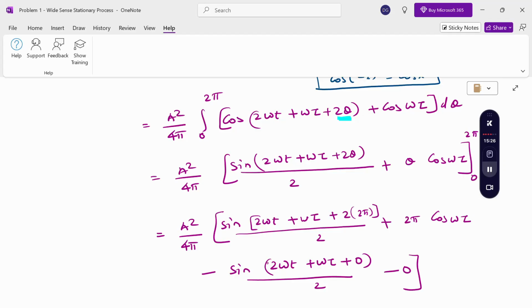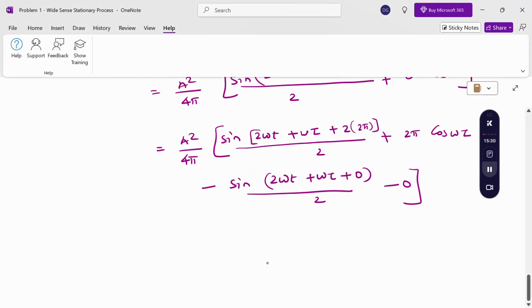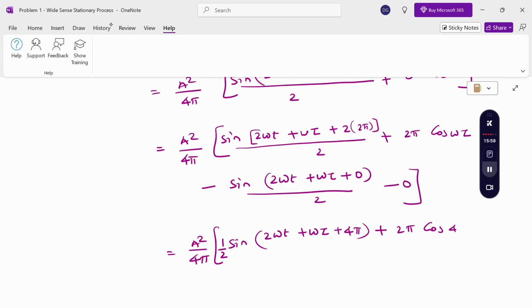So we get A squared by 4π, 1 by 2 sin(2ωt + ωτ + 4π) plus 2π cos ωτ minus 1 by 2 sin(2ωt + ωτ).